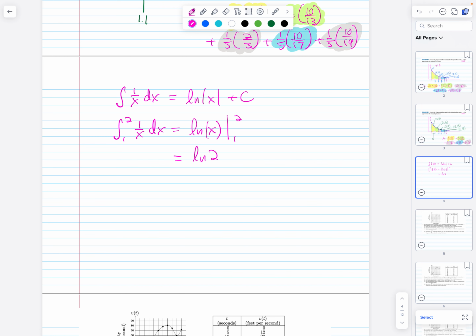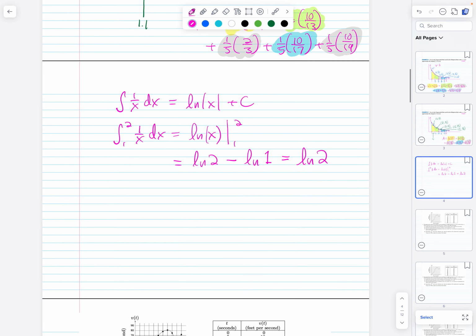So it's the natural log of 2 minus the natural log of 1. You guys hopefully all remember the natural log of 1 is 0. So the actual area we're looking for is the natural log of 2.